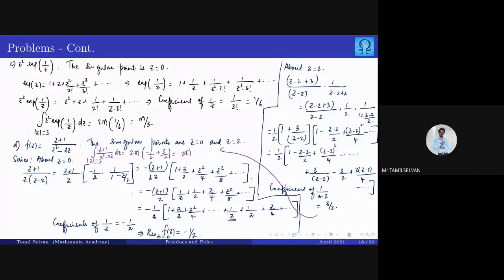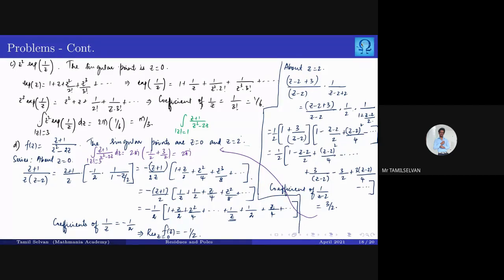In this problem itself, if I change the region, integral of the same function, but this is absolute of z equals 1, means only one point of singularity is lying inside the given contour, and that is 0. So you don't have to calculate the residue at z equals 2 because that lies outside.